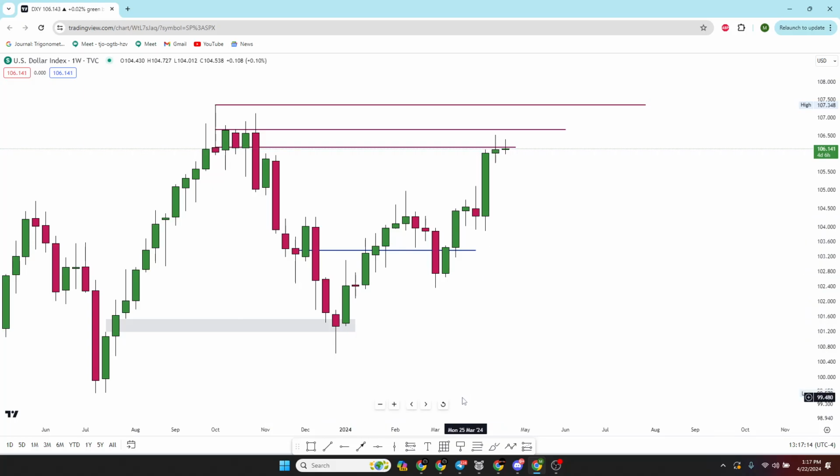So when it comes to refining, if it was an order block on the higher time frame, on the lower time frame, I'm going to look for an order block as well. So we're on a lower time frame, the weekly. The weekly is lower than the monthly. So I want to look for a weekly order block. So I'm going to take this level and I'm going to draw it down to this candle here.